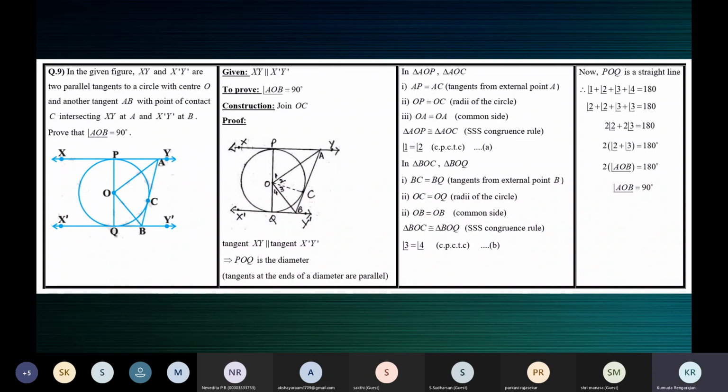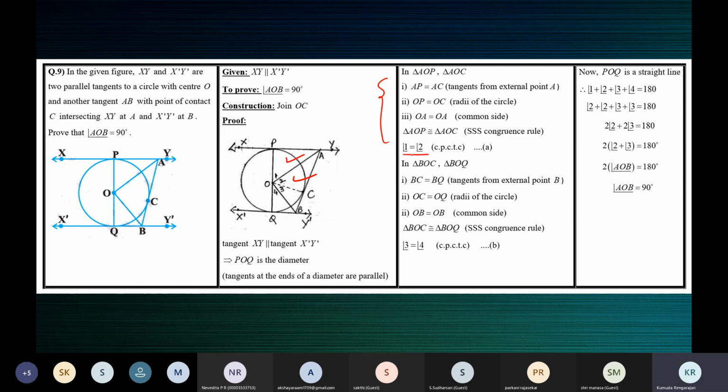Please write down, children. What I've also done here is that I've explained the congruency in detail. That's why it looks like a lengthy proof. These two triangles are congruent, and that is explained in detail.